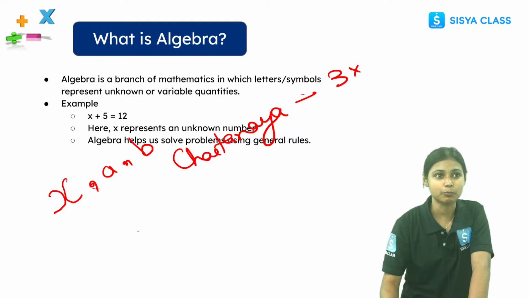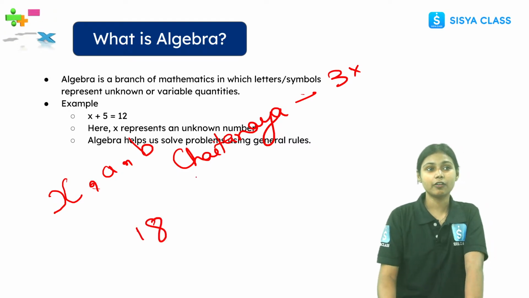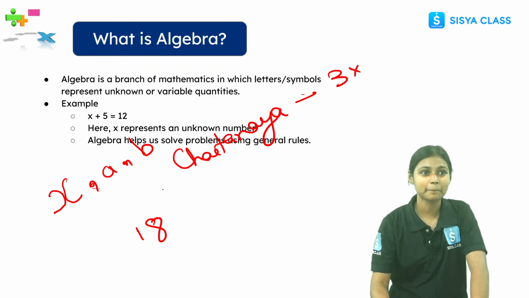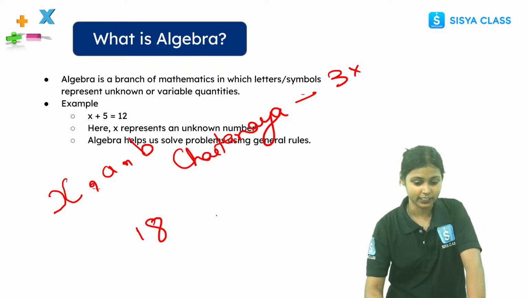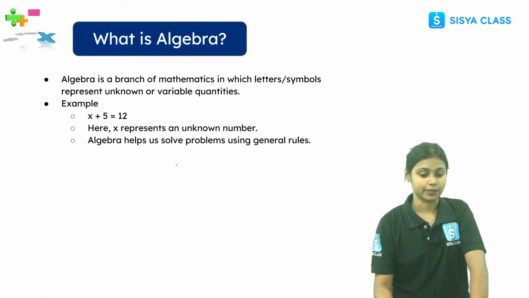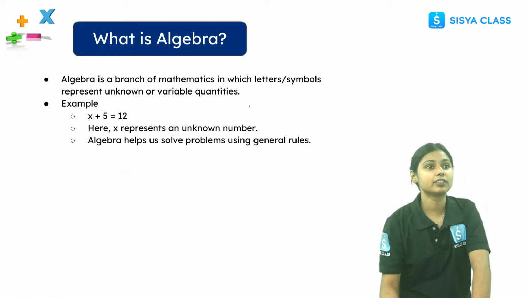His age is, let's suppose, 18. Now, what will be my age? Tell me, what will be my age? Just a minute, let me erase it and make it very clear. Let's represent it more simply.